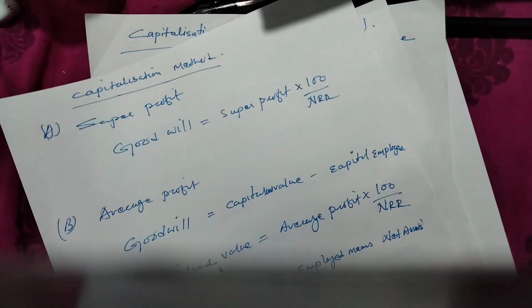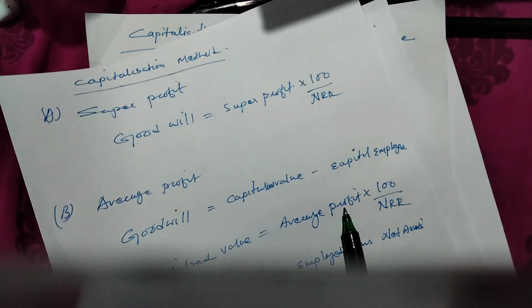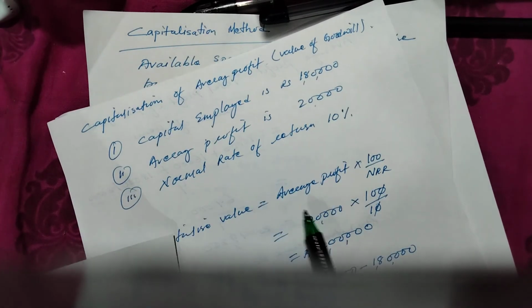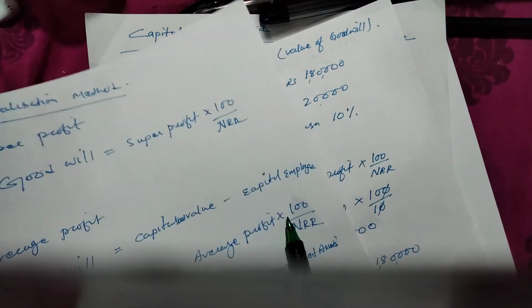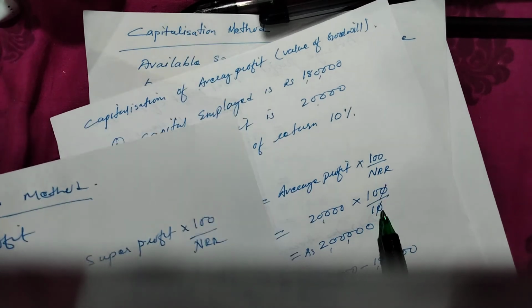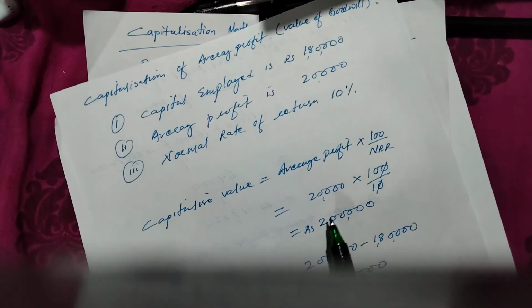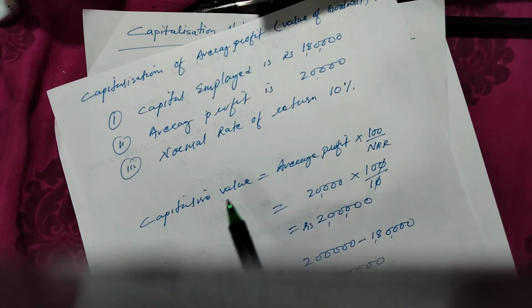You need capitalized value, that is average profit into 100 by NRR. Average profit is given, that is 20,000, into 100 by NRR, which is 10%. When you calculate, it will be 2 lakh. 2 lakh is the capitalized value.